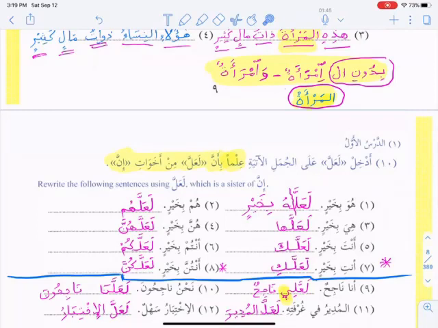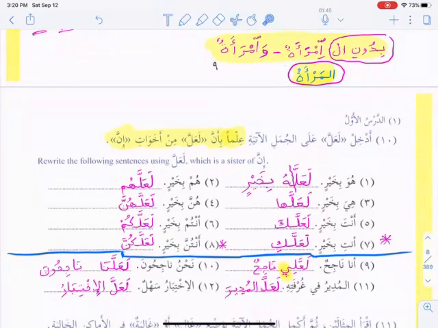I hope you are in good health, inshallah. La'allaka is commonly used, or we can say la'allahu. Fine. La'allaka bi khair. It comes in the sentence, you will see, inshallah. Antum bi khair, la'allakum bi khair. Anti bi khair, la'allaki bi khair. Antunna bi khair, la'allakunna bi khair.